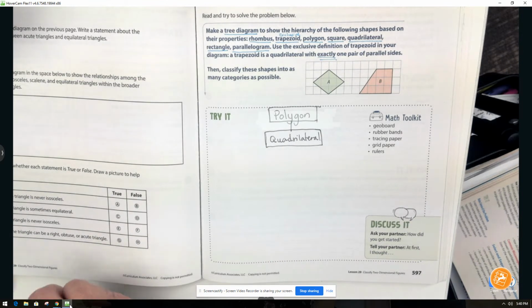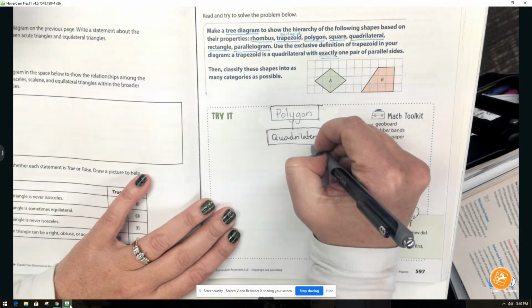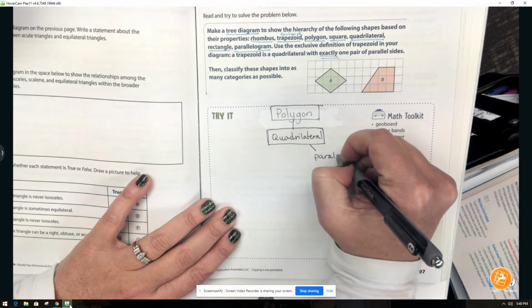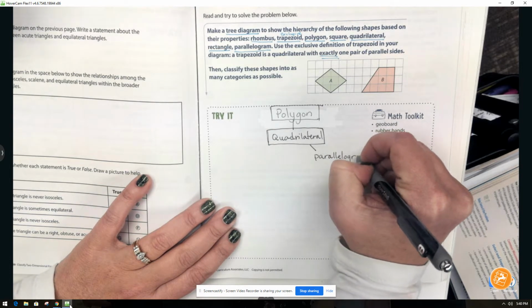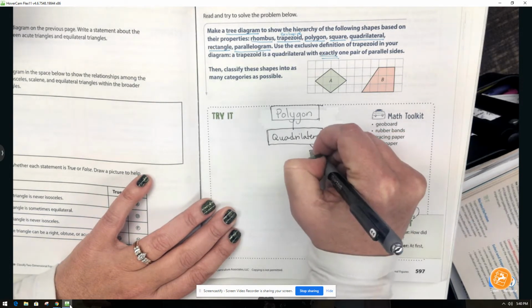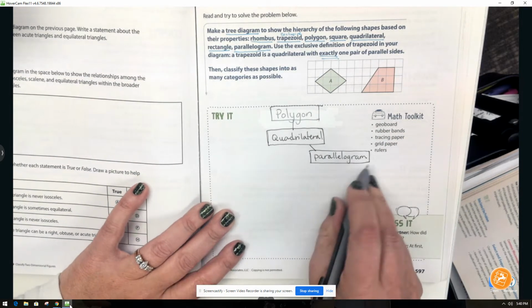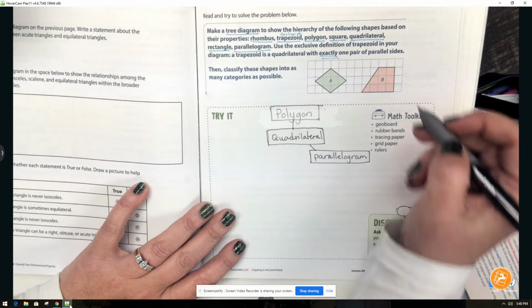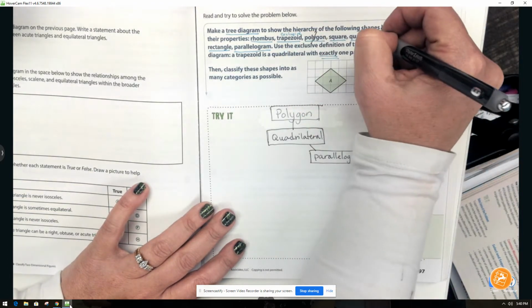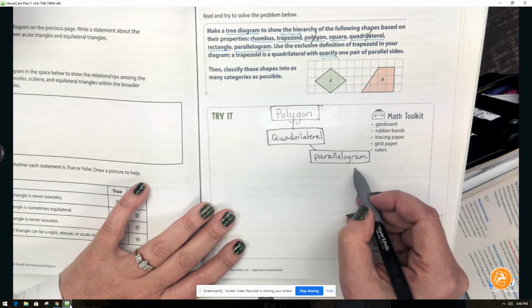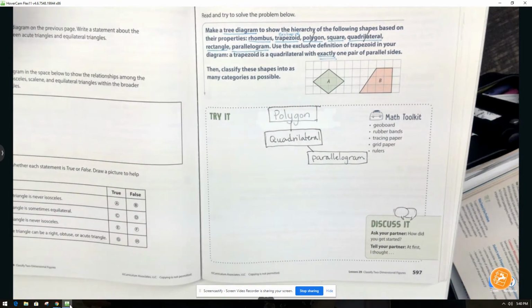From there, this is where we're going to see a little bit of a branch off. Now, we know that we're going to see parallelograms, because a parallelogram is the next most general shape. So we've already got polygon, we've already got quadrilateral, and so parallelogram is going to come next, because we've done this for a few days now.